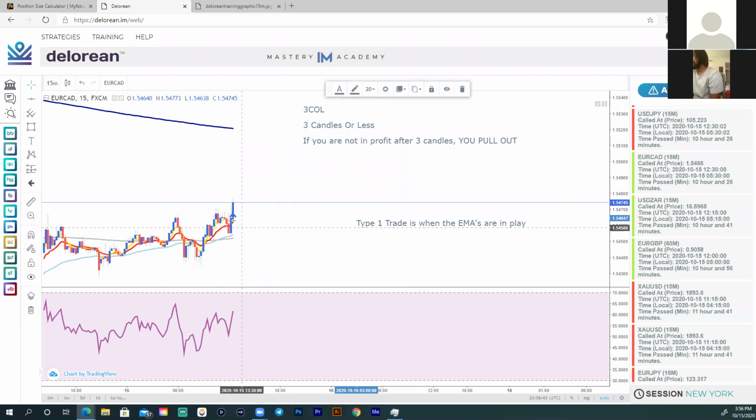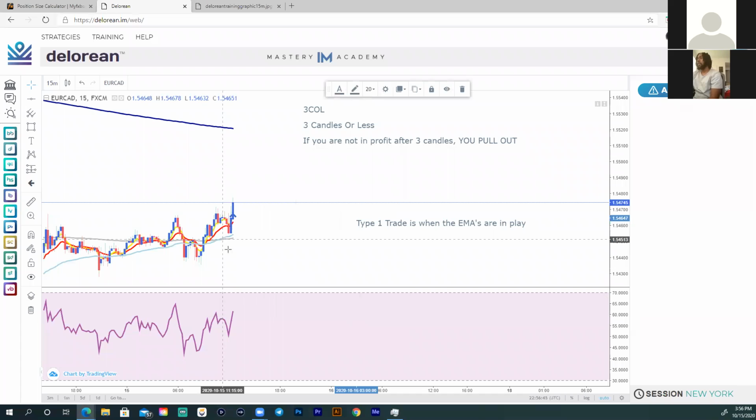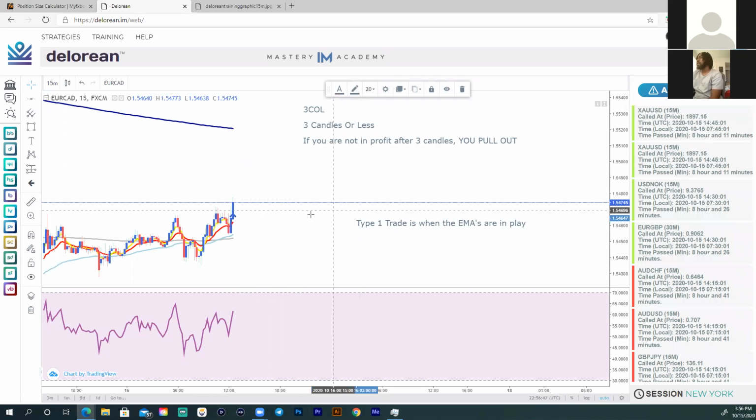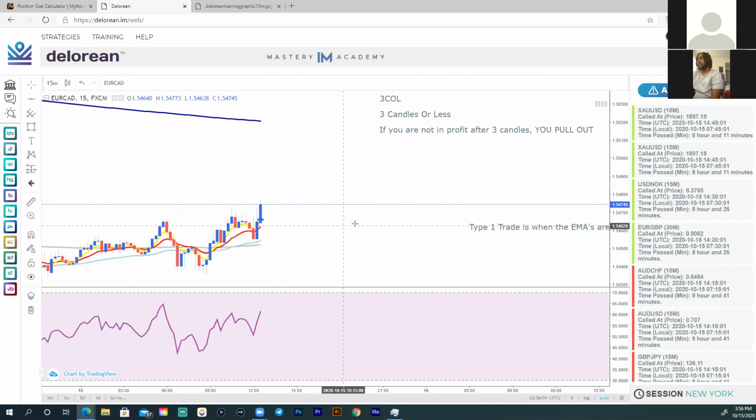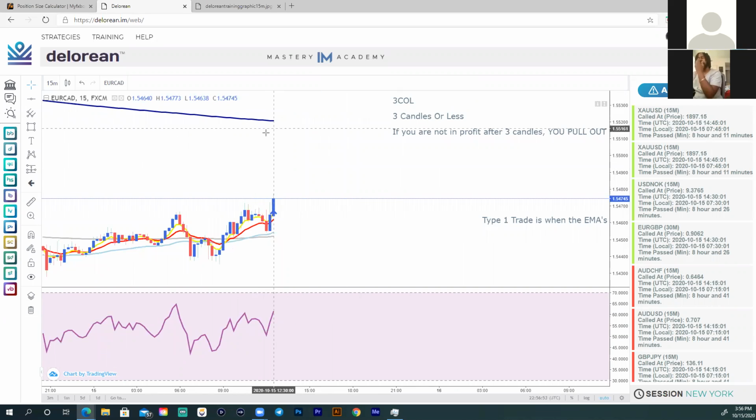The EMAs are the yellow, red, aqua, gray, blue line. So when you get the right steps and everything, and you see that there's a line in play, this is your designated take profit line.